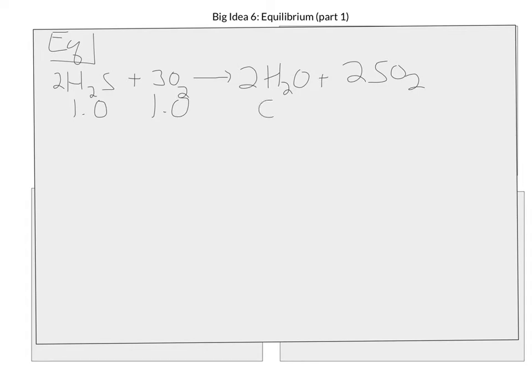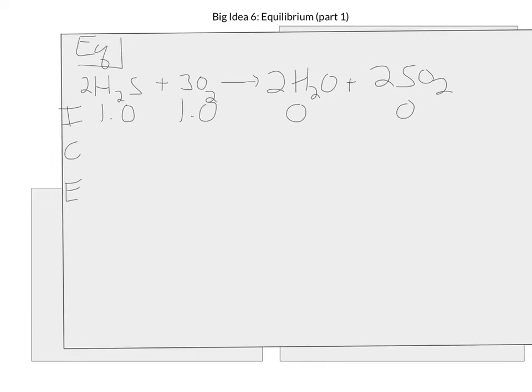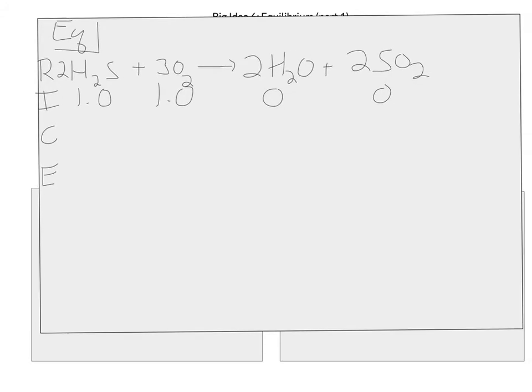We don't have anything to start with. We kind of set up this generic ICE chart. And if our balanced equation is there, we can kind of joke around and call it a RICE chart because we have our reaction up top. And then we look at the change in the equilibrium.